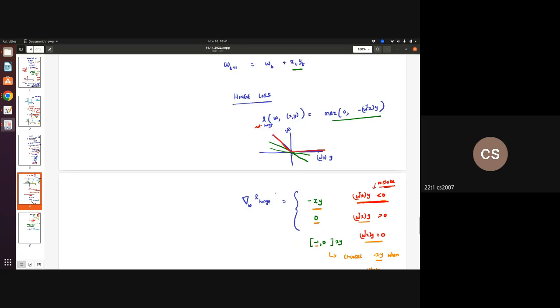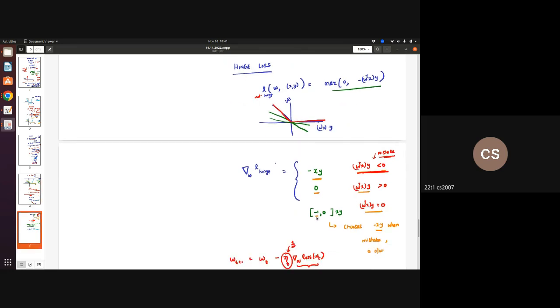And at this very point, there are several subgradients possible. The derivative of the subgradient that you will choose at this point will be somewhere between these two values, minus xy and 0.